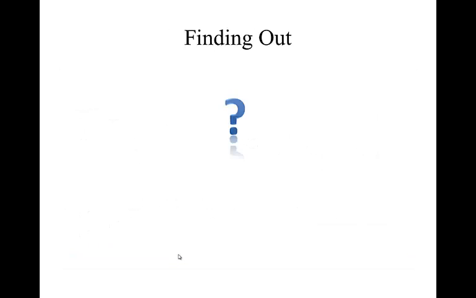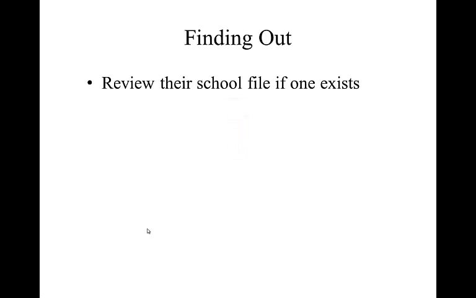How do teachers find out about these ideas? The questions that the school doesn't ask or have an interpreter for can be found out in a variety of ways. For example, teachers should first review the school file for the student if one exists. Talking with the ESL teacher can often bring help, especially if the student is in program.